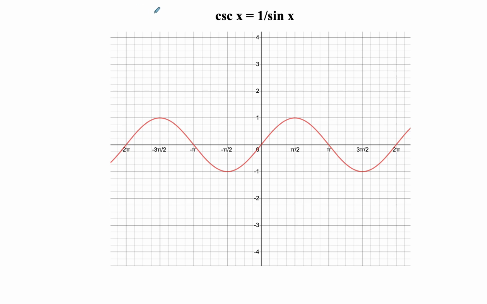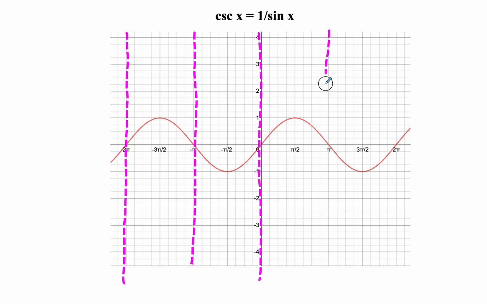Now, cosecant works in a very similar fashion, except it's based on sine. So now we're looking at asymptotes when sine is equal to 0. Once again, these graphs are going to be out of phase in a similar fashion to tangent and cotangent because of where the zeros are relative to each other in sine and cosine, right?